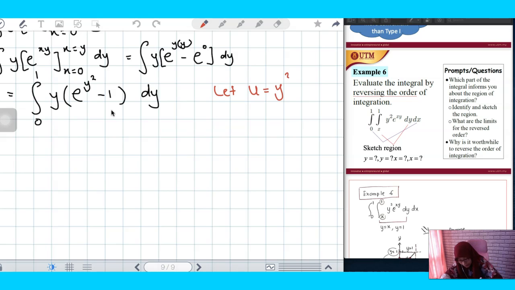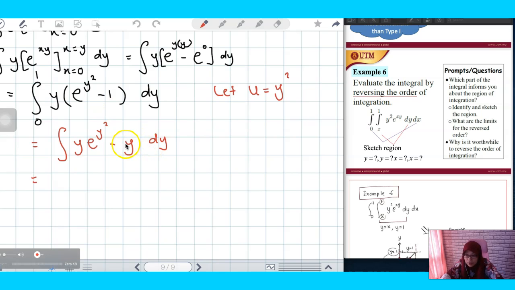Maybe I have to split that first: e^(y squared) y minus y dy. For minus y, you can easily integrate, which will give you y squared over 2. But for this one, you have to use a substitution.